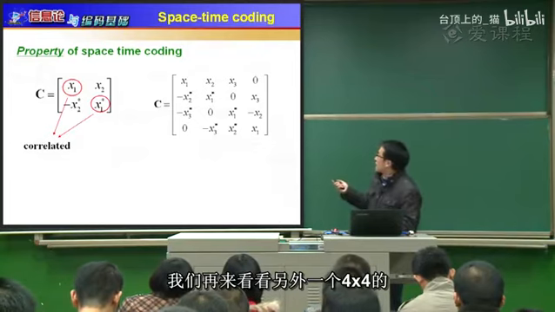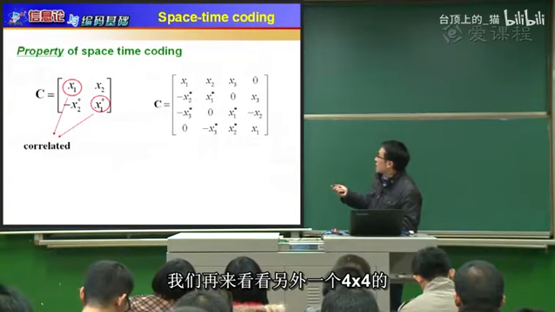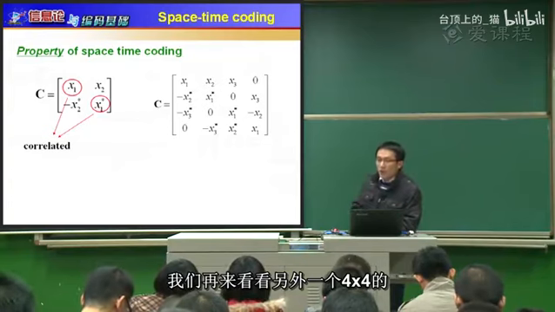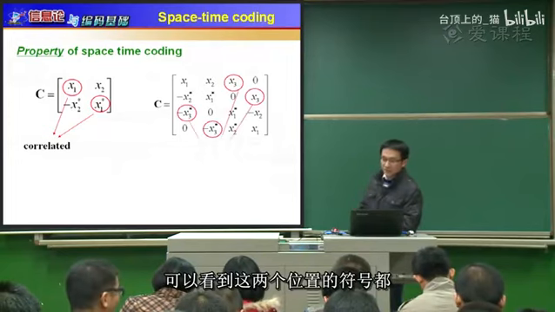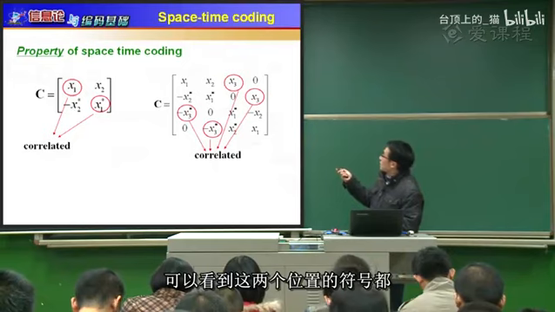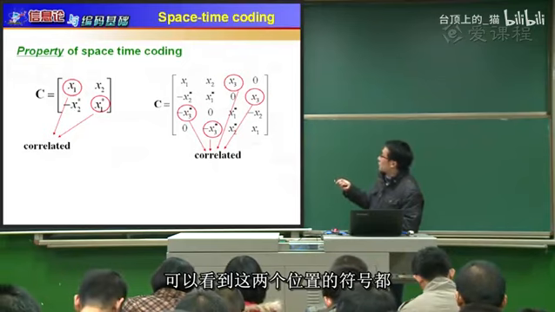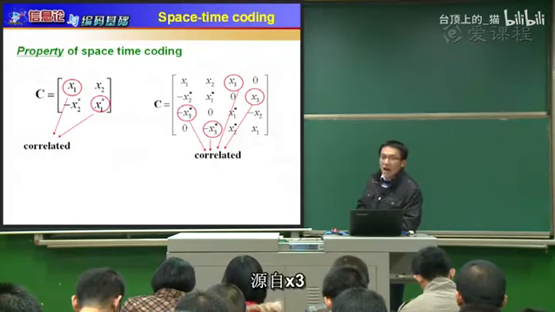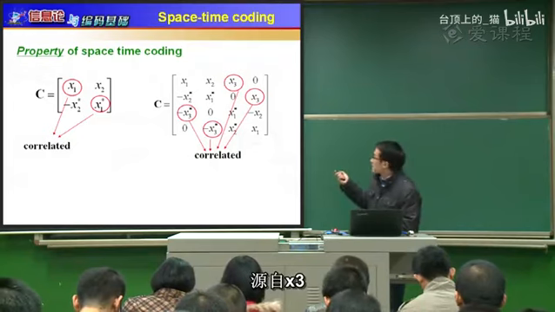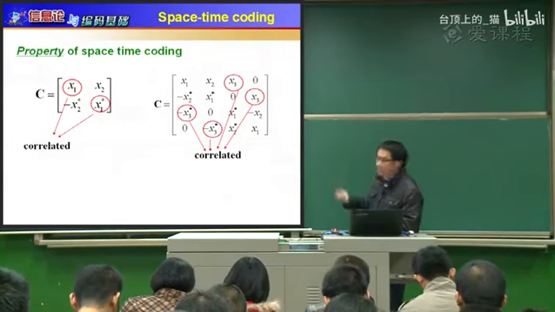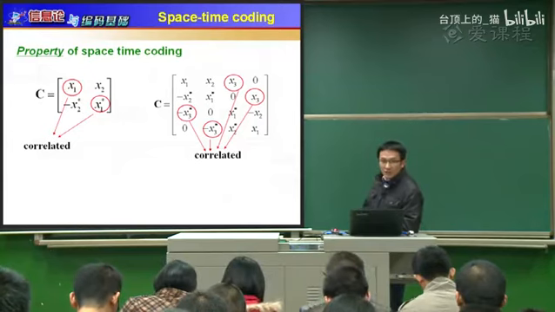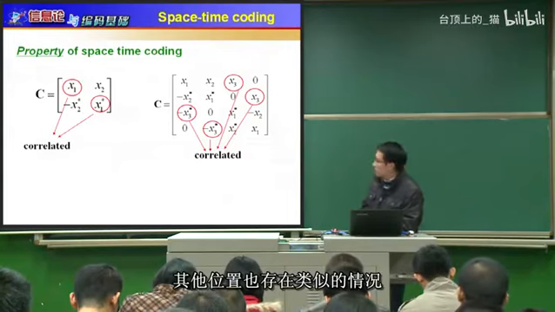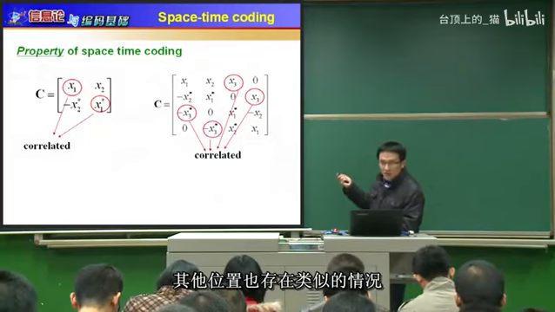Okay, and we see another space-time code, which is a 4 by 4 space-time code. We can see the symbols in the 2 positions are all from the same symbol x3. Okay, so they are correlated. A similar case exists in other positions as well.